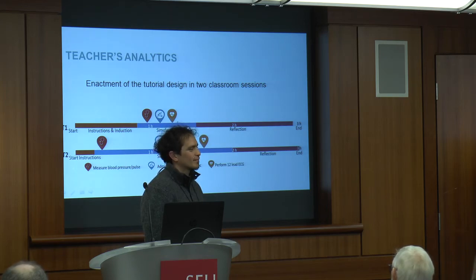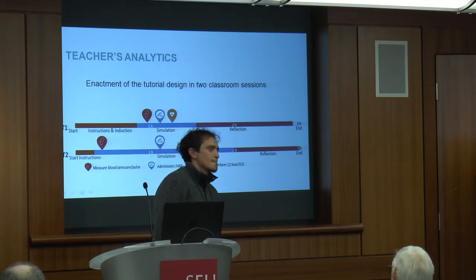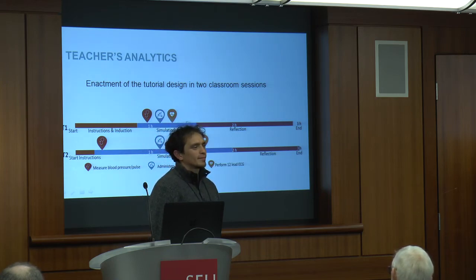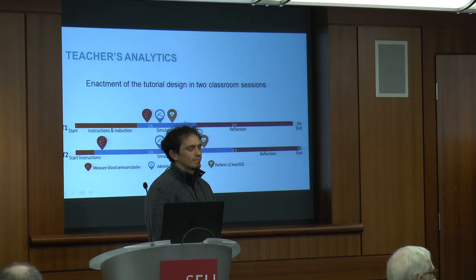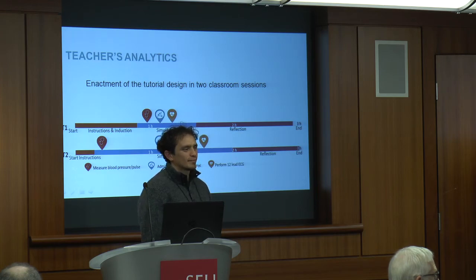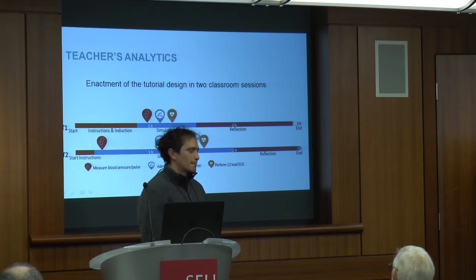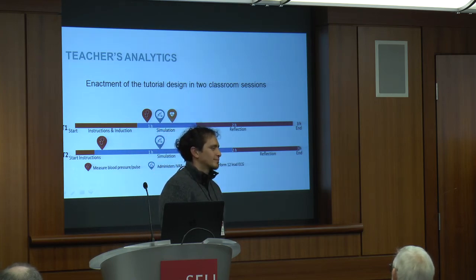Once you have data like this, where you see different kinds of sequences that happen on different days, with different classes or different groups, can you then exploit that, for example, to look at what kind of sequence leads to better learning? I don't know if you plan to do that kind of analysis, both from the side of what the students do and from what the teacher does, or how the teacher manages the flow of activities.